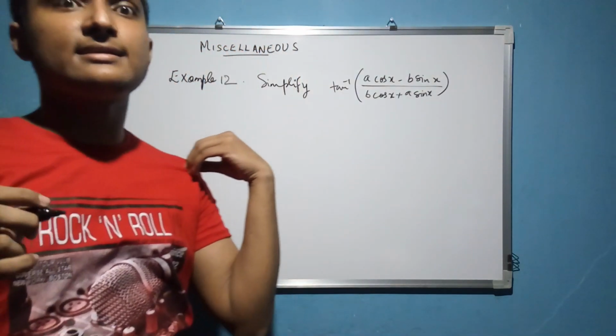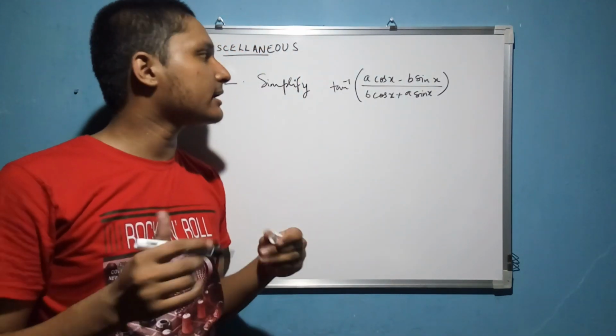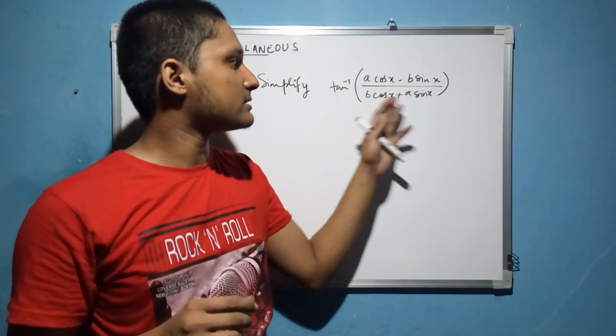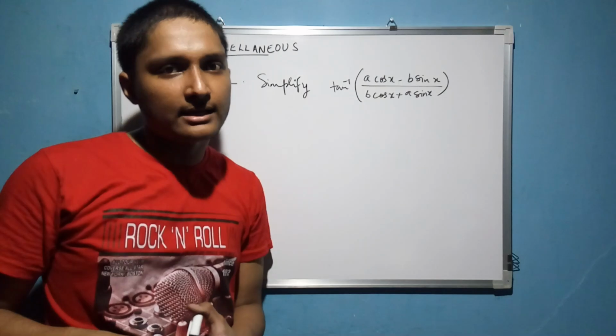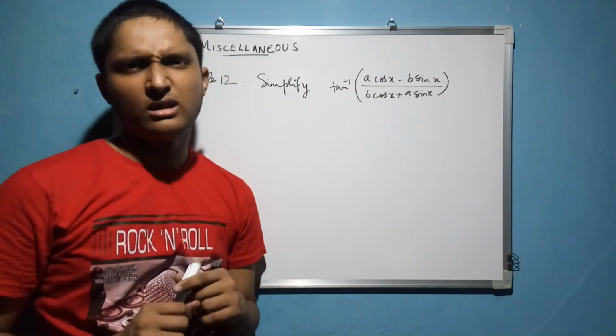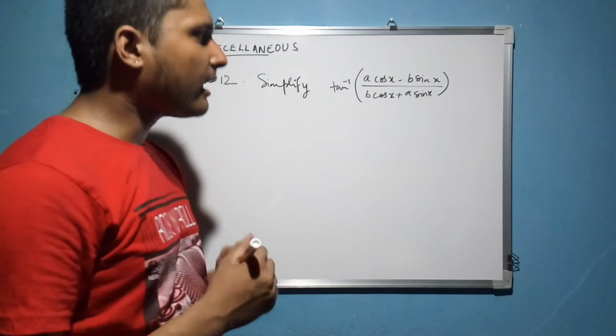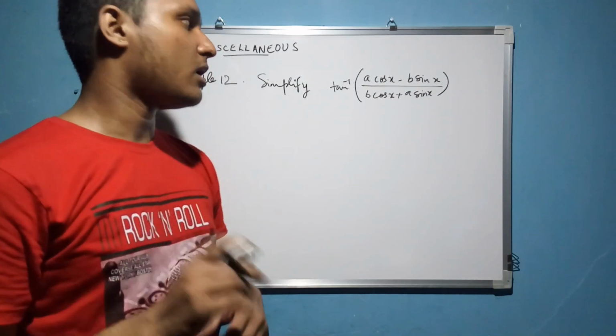So one of the questions in exercise 2.2 was like cos x minus sin x divided by cos x plus sin x, but here you have a, b and so many terms like that, irritating things. So better I'm going to divide by some common thing.